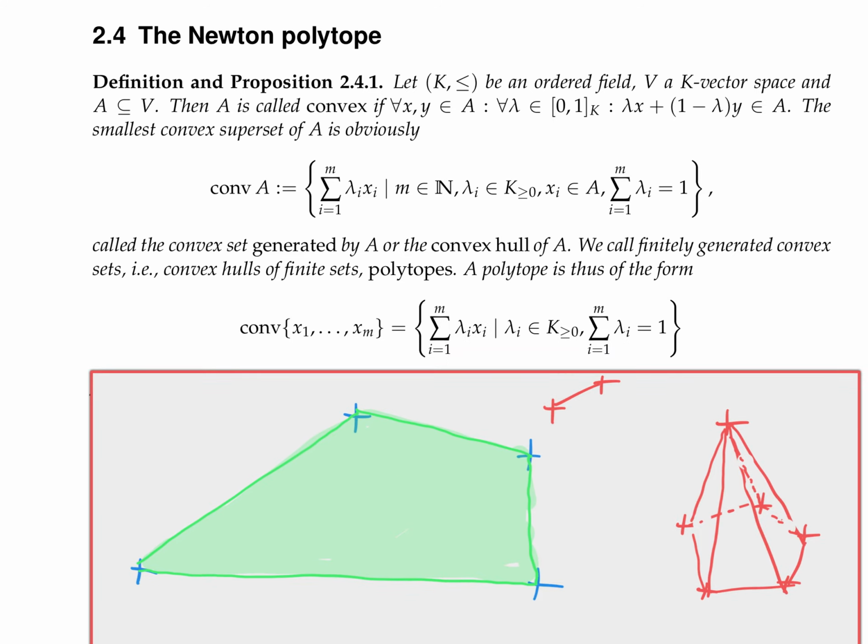A polytope is thus of this form, right? So you have finitely many points. And here I always took each convex combination arising from finitely many points from A. But if I have a finite set that generates this convex set, I can always involve every one of these generators, because the corresponding lambda can also be 0. Here I could also choose the same xi twice, but that's okay.